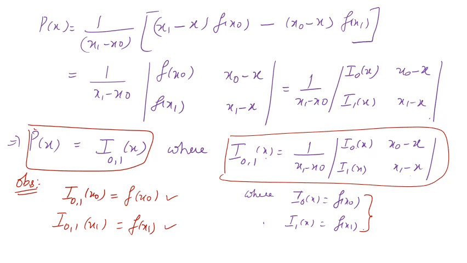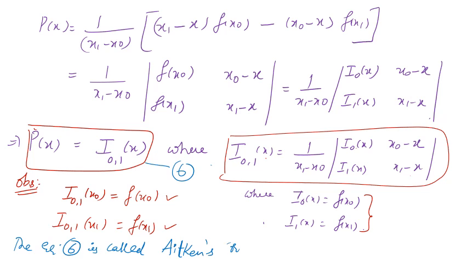And the main point now is that equation 6 is called Aitken's or iterated linear interpolating polynomial.